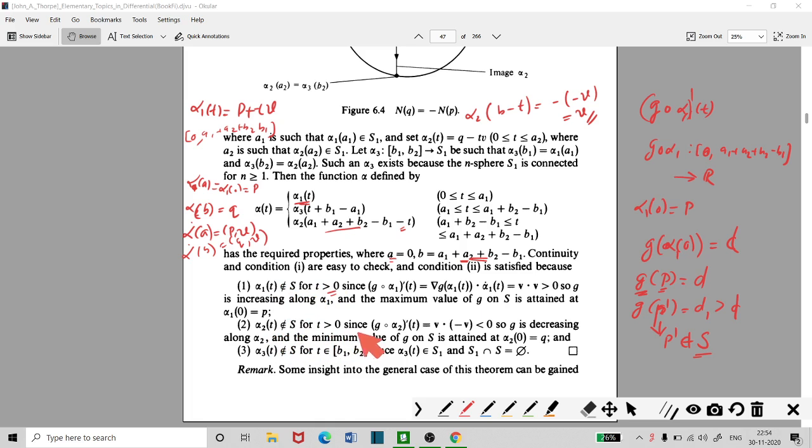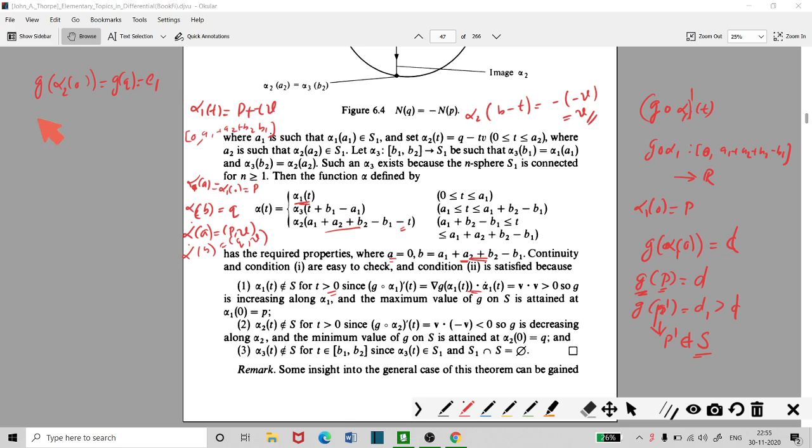If t is greater than 0, what is the derivative here? The derivative is v dot minus v, using the same argument. This is a negative number, so G is decreasing along alpha 2. We know that the minimum value of G composition alpha 2, at alpha 2 of 0, is G of Q, say some E1.